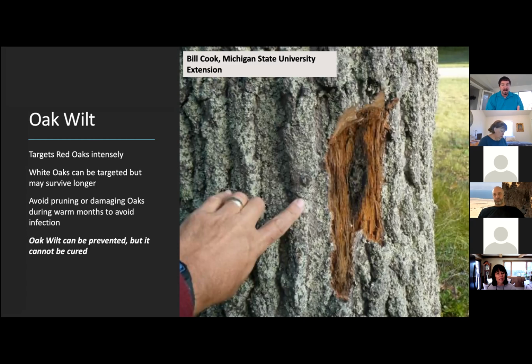So I wouldn't suggest trying to intervene or something like that. I do know that the DNR has published regulations saying that they don't allow pruning of oak trees. I believe it's from April 15th to July 15th, but the research is showing that that window is definitely the high risk time, but there's still a noticeable risk outside of that window.